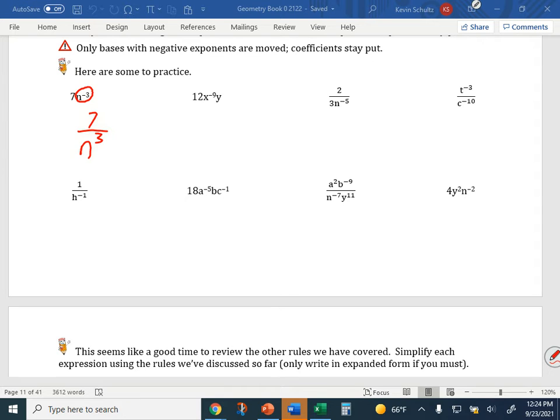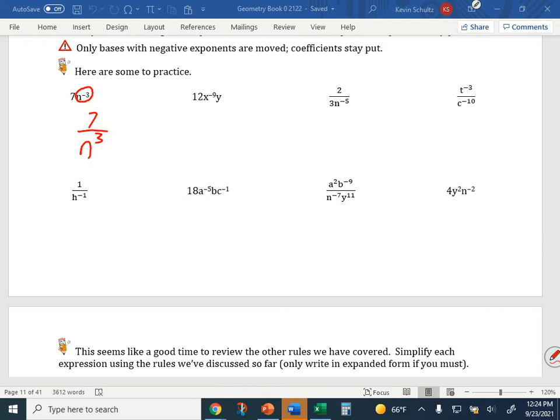12x to the negative ninth times y. What's being moved here? Only x to the negative ninth. The 12 is a coefficient. Nothing happens. The y has a positive power, positive 1. We don't need to move it.